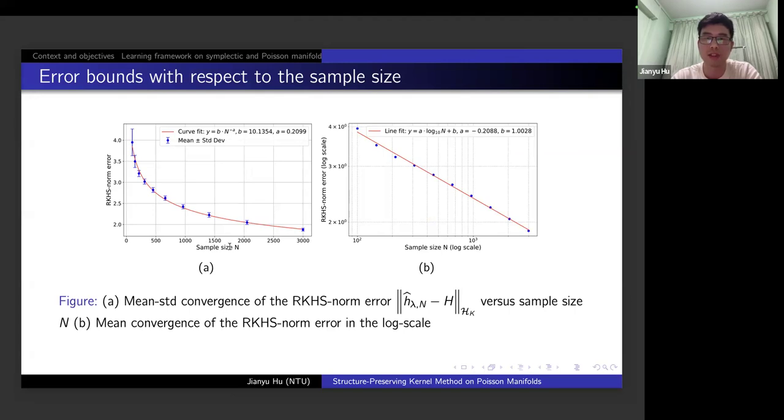If we take the log of the same data, the picture will look like figure B. In the right picture, we can see clearly the convergence rate.